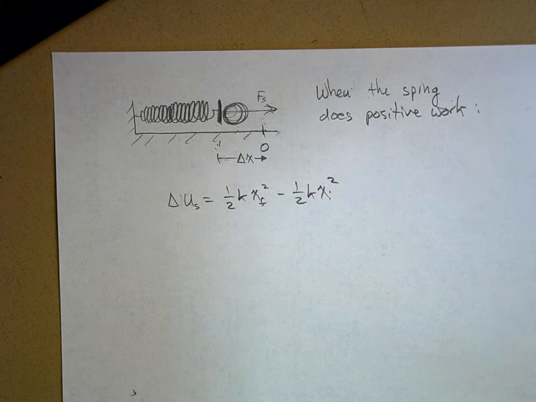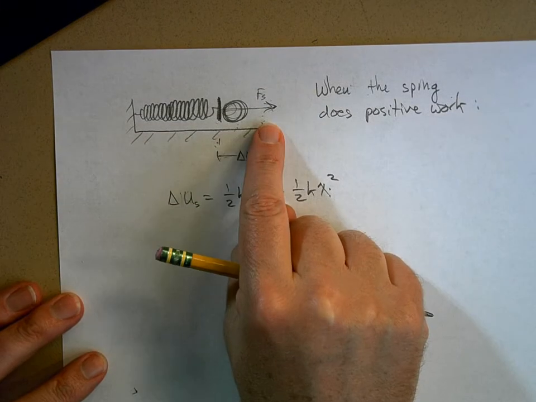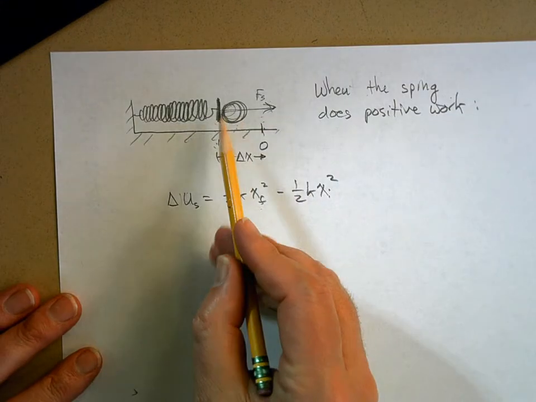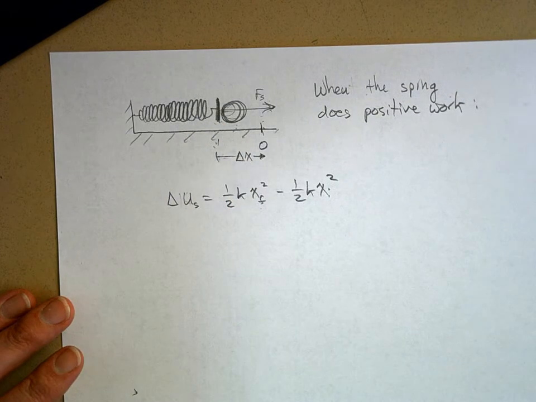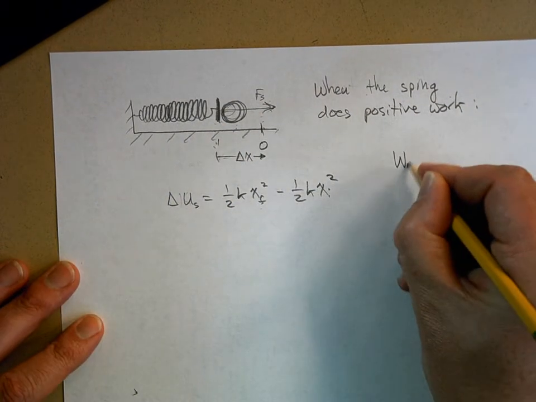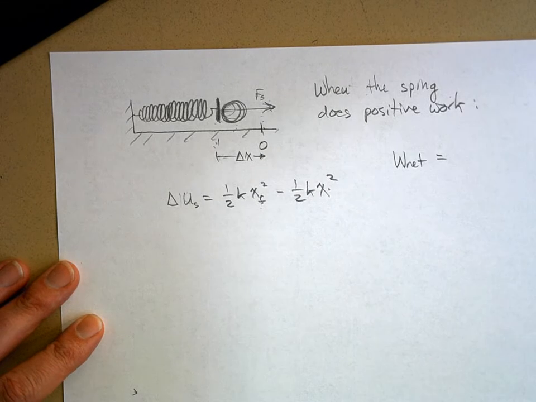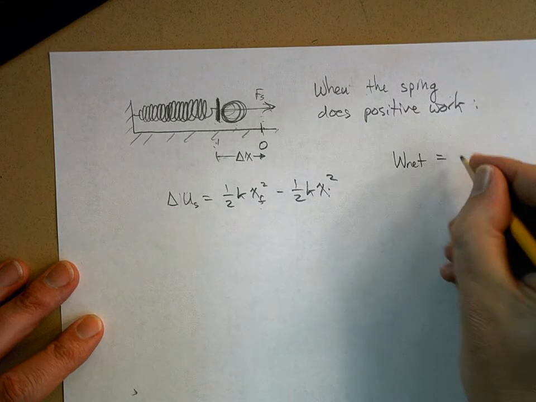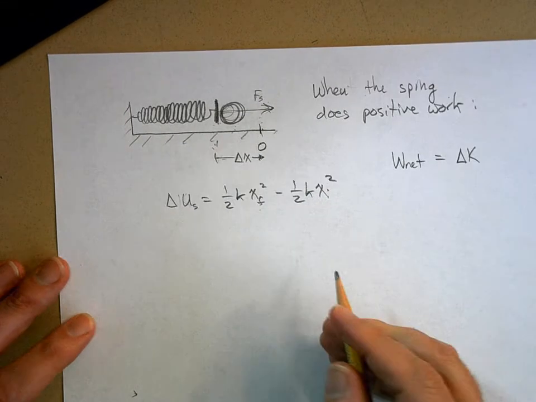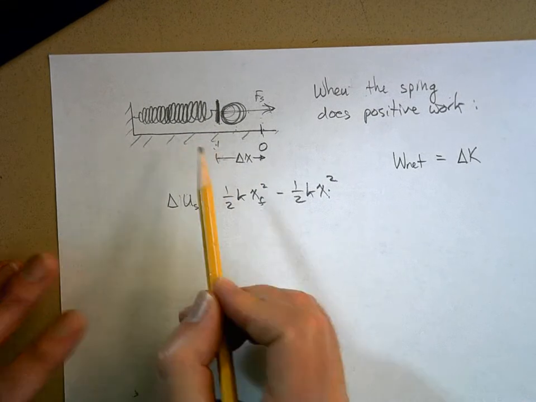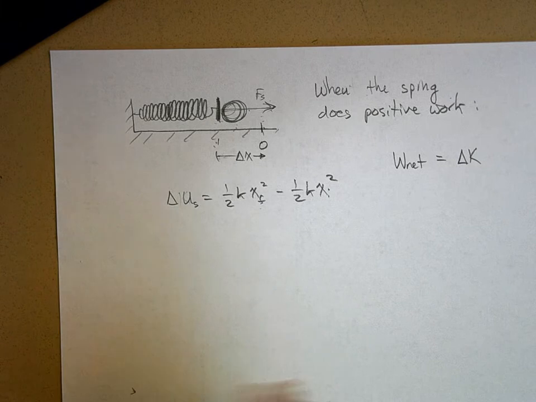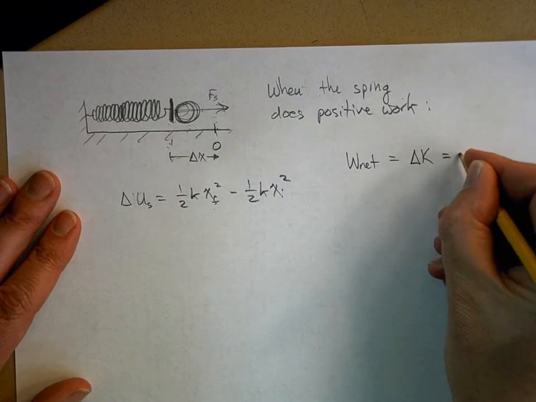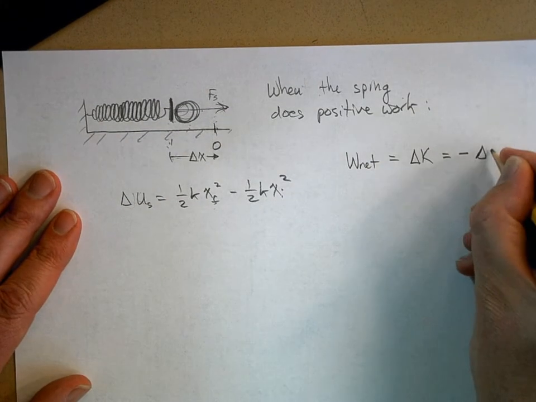If that force of the spring is the net force on that object, then the work done by the net force is going to be equal to the change in kinetic energy. But the work done by the spring comes at the expense of the potential energy stored in that spring. So this is going to be equal to the loss of potential energy in the spring.